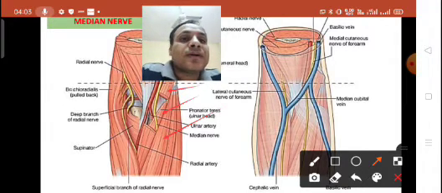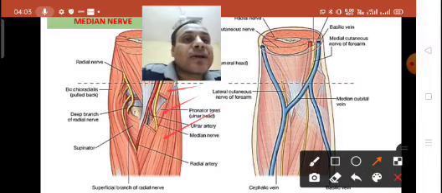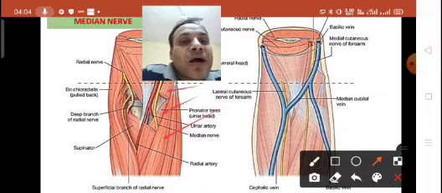The muscular branches are nerve to pronator teres, nerve to flexor carpi radialis, nerve to palmaris longus, and nerve to flexor digitorum superficialis. Then after giving the branches, the median nerve runs downwards, passing between the superficial and deep head of the pronator teres muscle.